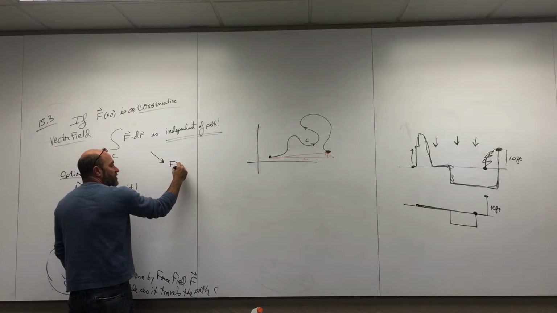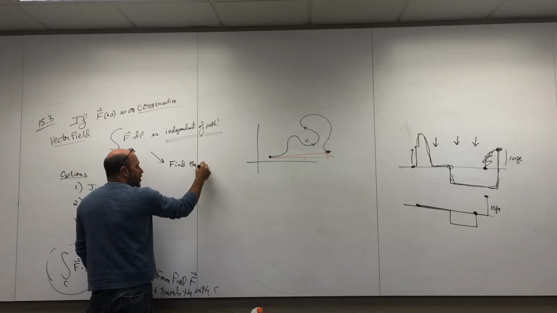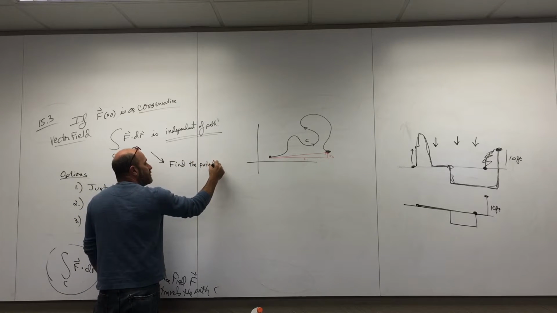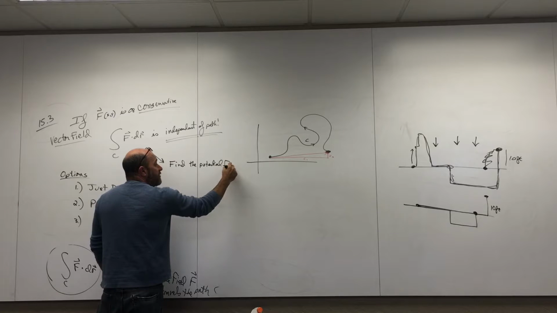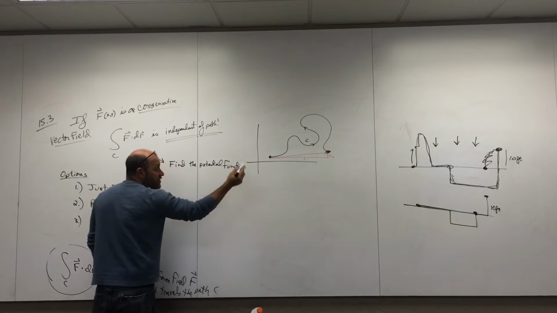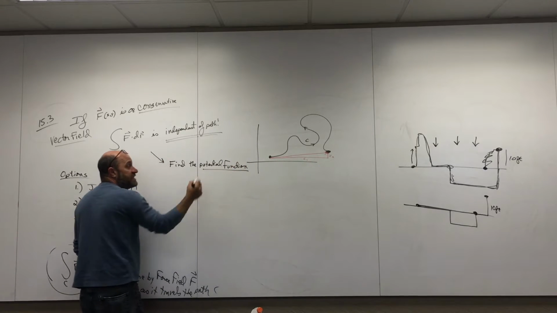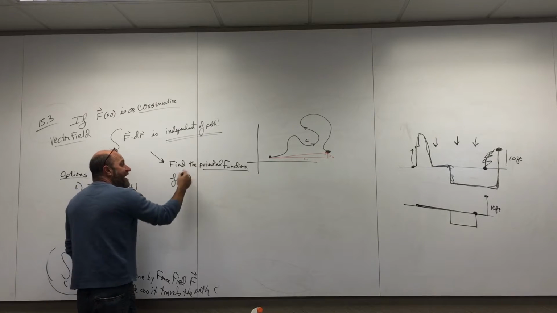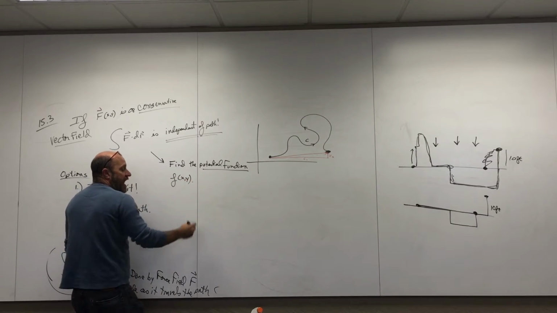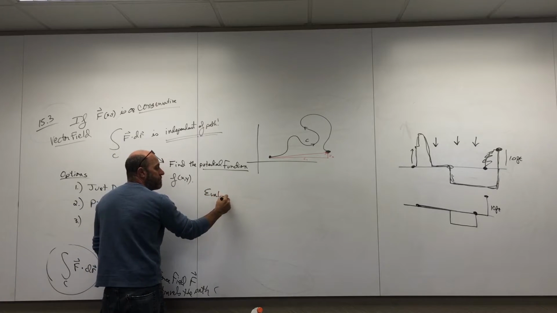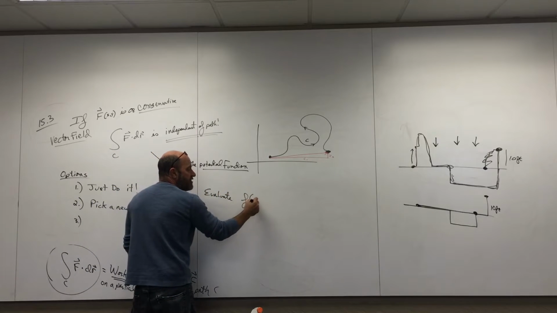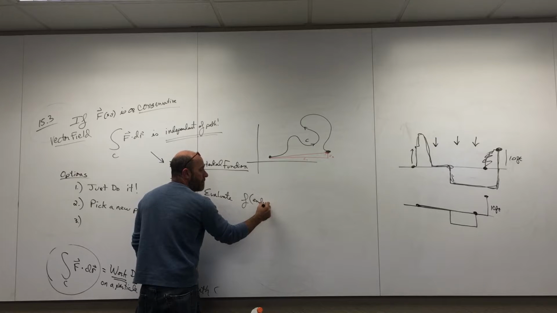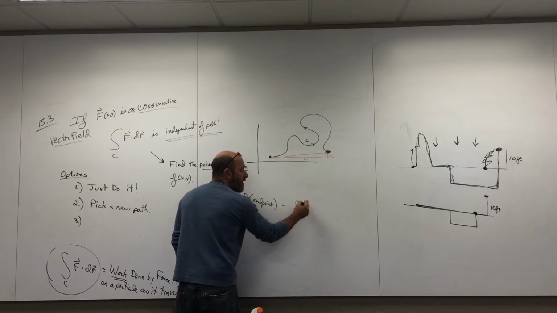Find the potential function. Now again, this harkens back a few days to 15.1. If a vector field was conservative, that means it had a potential function, f of x, y. Go find the potential function and evaluate f of the endpoint minus f of the beginning point.